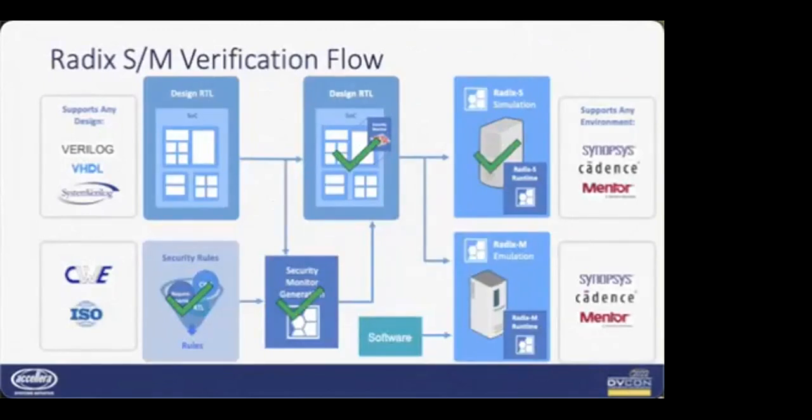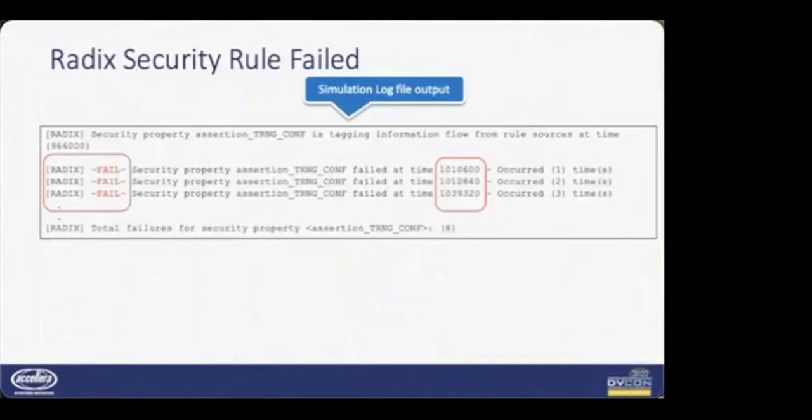Again, revisiting the flow, we find that we've created the security rules and the security monitor. We've compiled and now run in a simulation. Once the simulation is done, we examine the log file output of the simulation run.